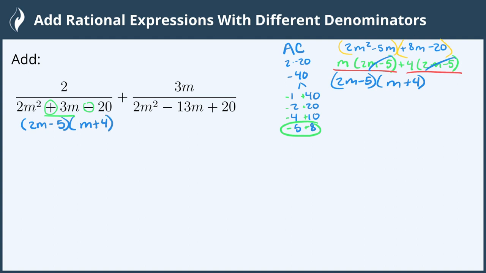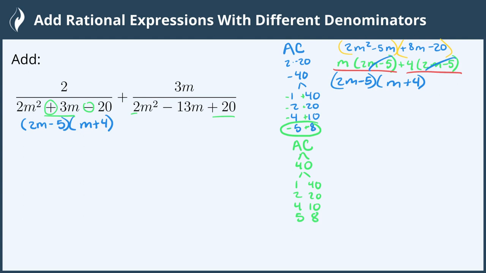Now our second one, again, does not fall into the form of a equals 1, so we'll need to also do the AC method with that one. AC is 2 times positive 20, so we have again 40, which we know the factors are 1 and 40, 2 and 20, and 4 and 10, and 5 and 8.